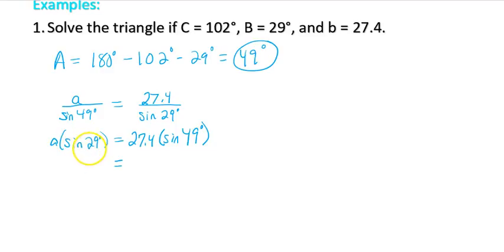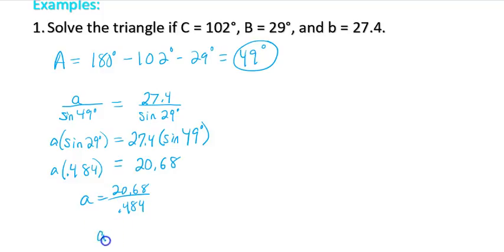So the sine of 29, if you type that in, you're going to get 0.484. And then this whole side, you can type in just the way you see it. You get 20.68. And then it's just a really simple one-step equation. Divide by the 0.484. So 20.68 divided by 0.484, and you get 42.7. So there's our side A.